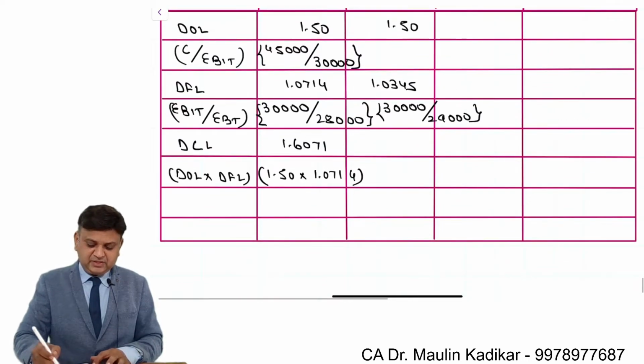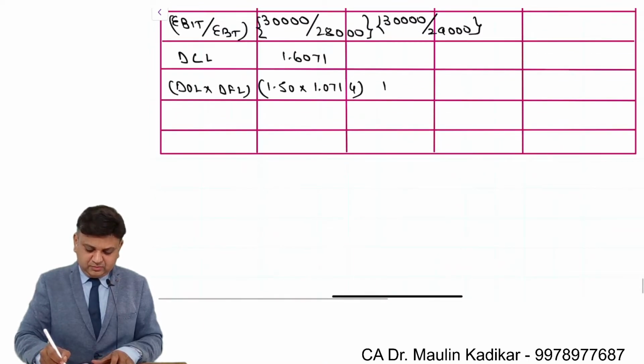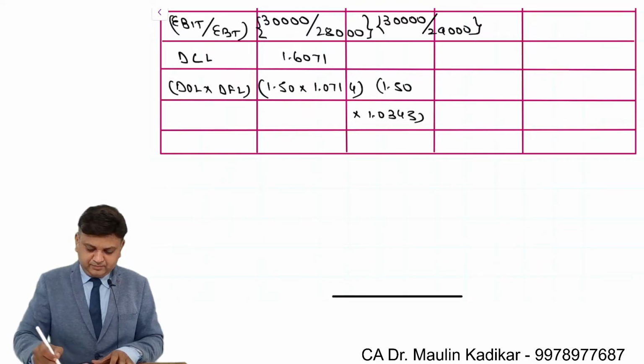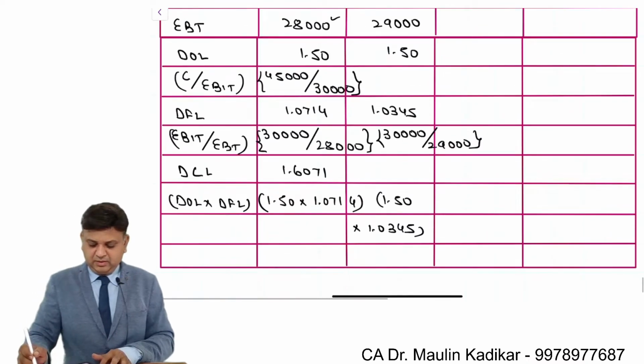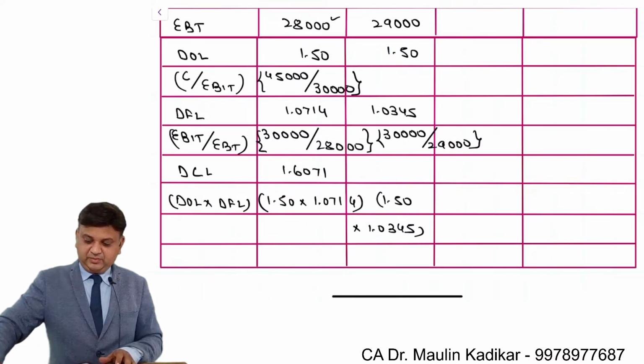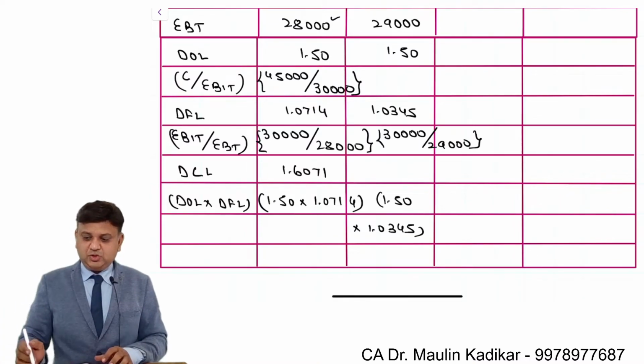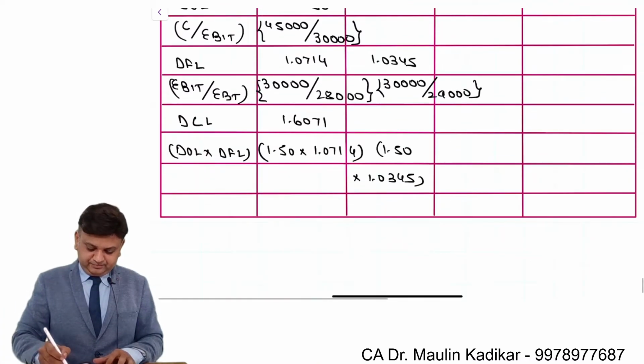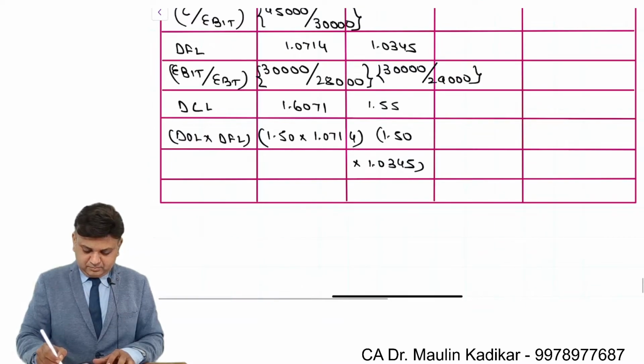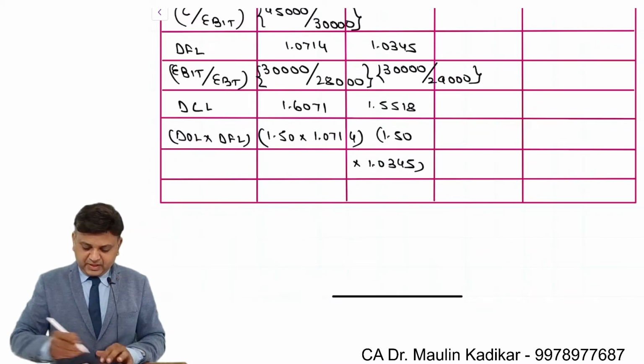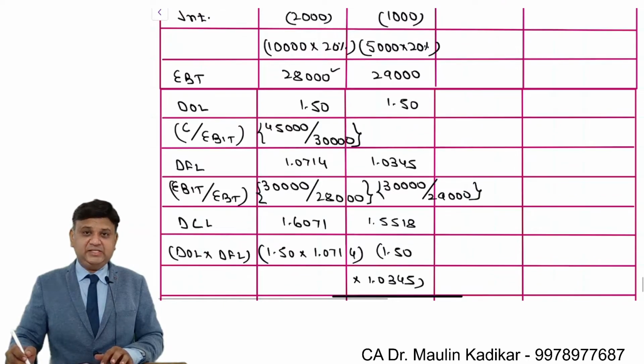Now combined leverage will be 1.50 into 1.0345, so 1.5518. This is the way we compute the DCL.